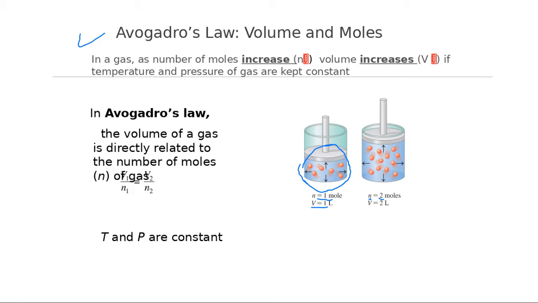In the gas, as the number of moles increases, what happens to the volume? The volume increases. And that's under the conditions that the temperature and the pressure of the gas are kept constant.